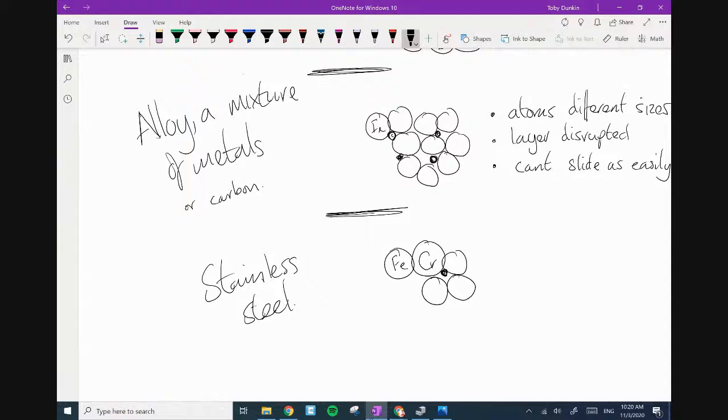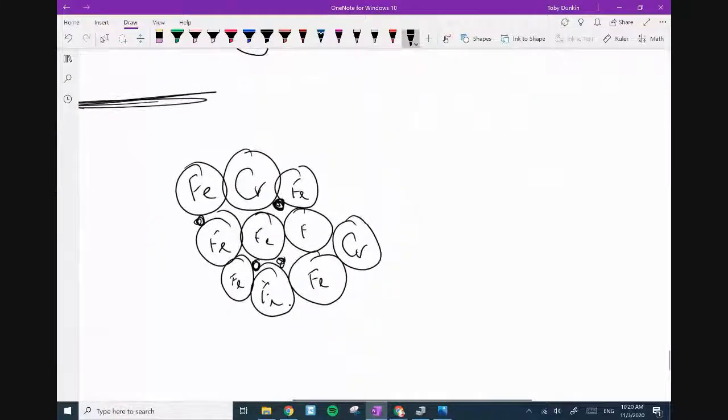Now, don't get me wrong, there are only a few chromiums in there. All of these are Fe's. There are only a small number of them, but the chromiums do exactly the same thing. Different sizes, but now the chromium, I'm going to color code this. Chromiums, these give it the property of stainless.